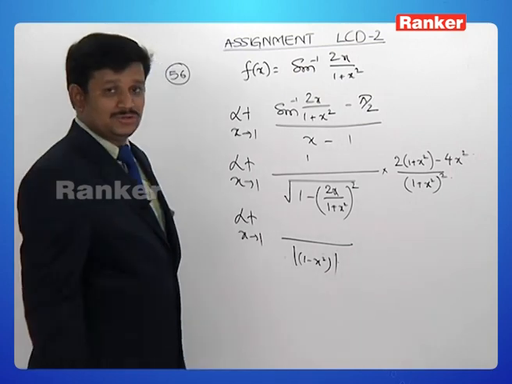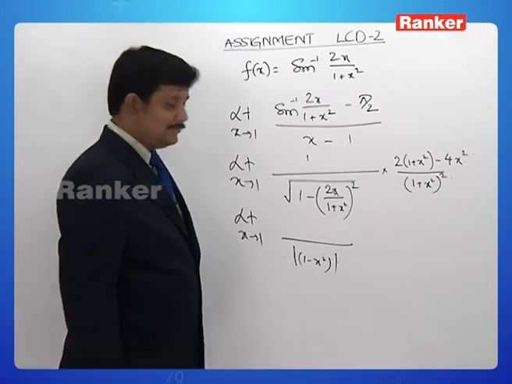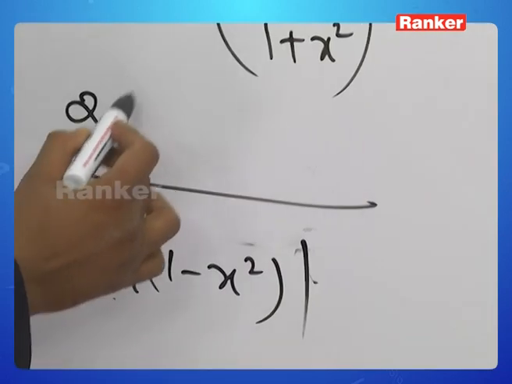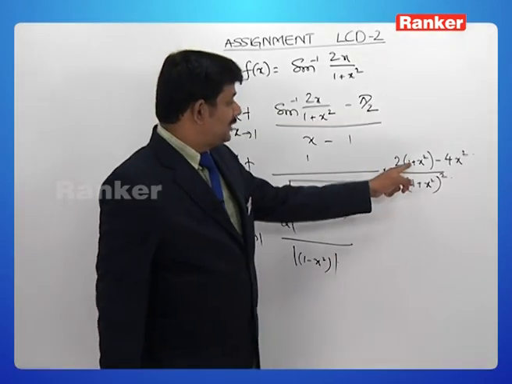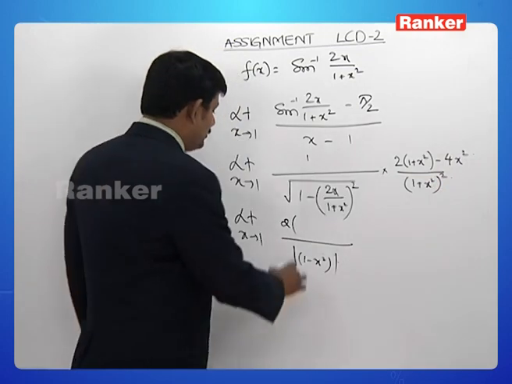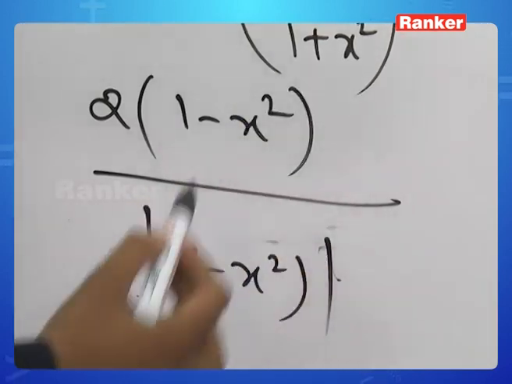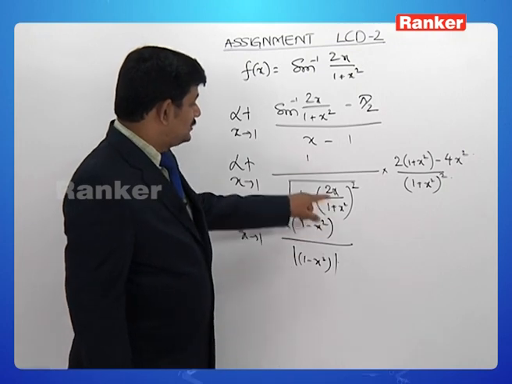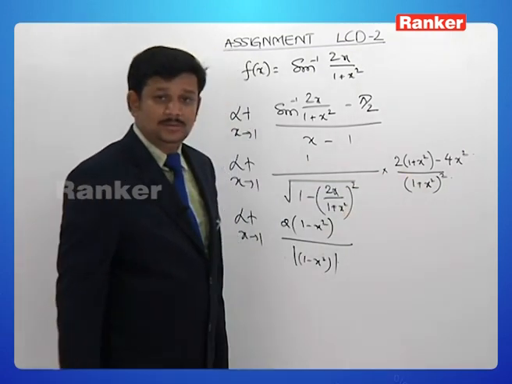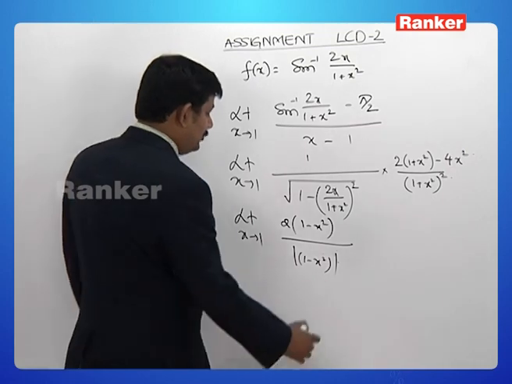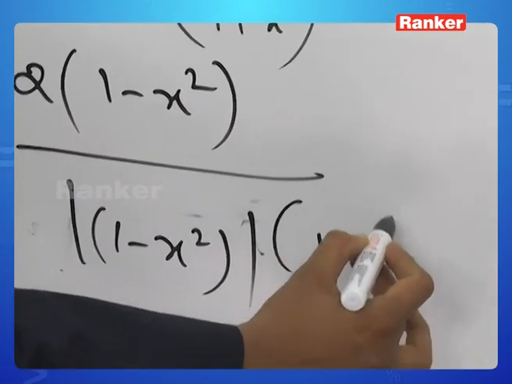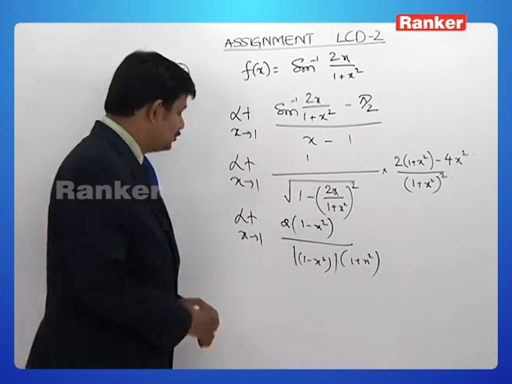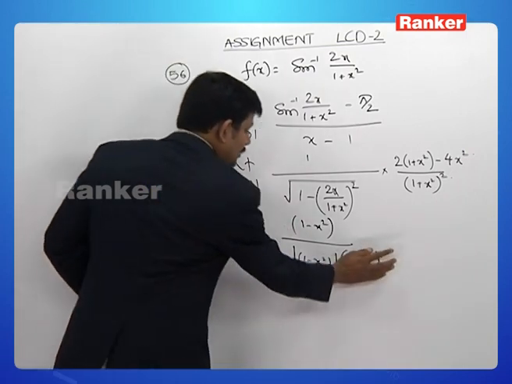Root over x square is not x, it is mod x. Then we have 2 into 1 plus x square minus 2x square, 1 minus x square. Then we cancel out 1 plus x square, and we will be left with one more 1 plus x square. As x extends to 1, 1 plus x square is 2, so we can cancel out this 2 and 1 plus x square.